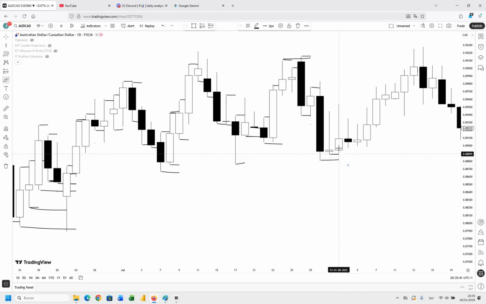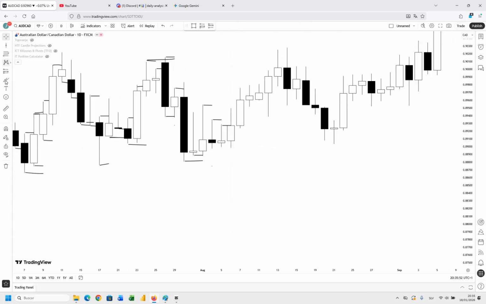We sweep the low and close above it, so we are bullish. Inside the candle we are bullish. So that is intraday, we are bullish. We sweep and we sweep right now here, so I would just ignore this candle and let's continue.